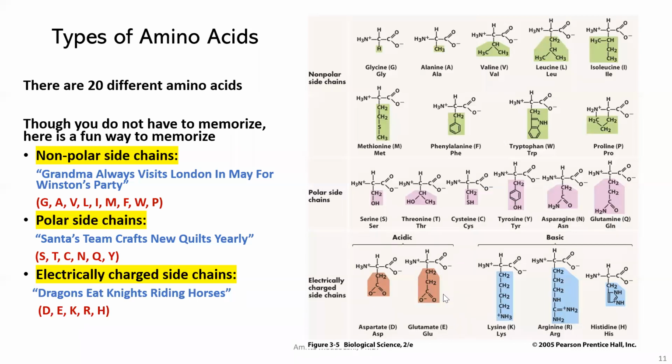Okay. So what about the electrically charged side chain? You can see that there are some more variations in here, with acidic and basic groups. Why do you call this acidic? You can see that this already had a COO as a part of the amino acid, but there's an additional COO group in two of these, that is aspartate and glutamate.